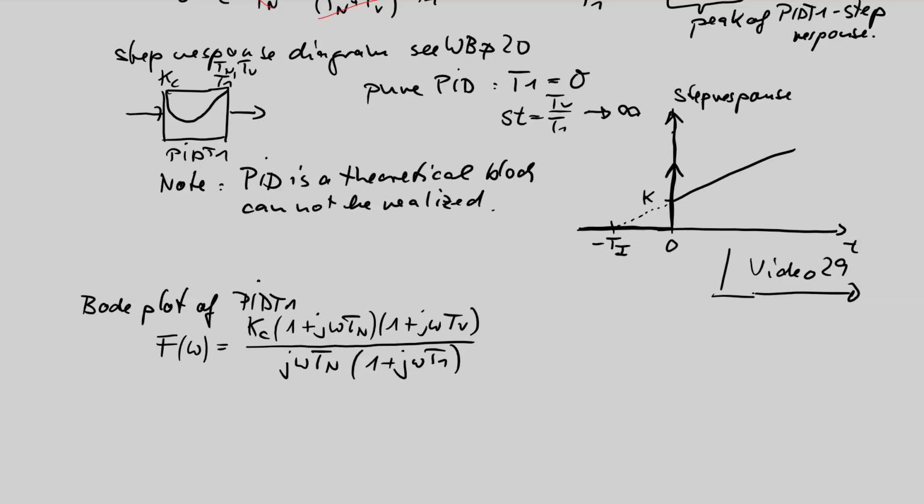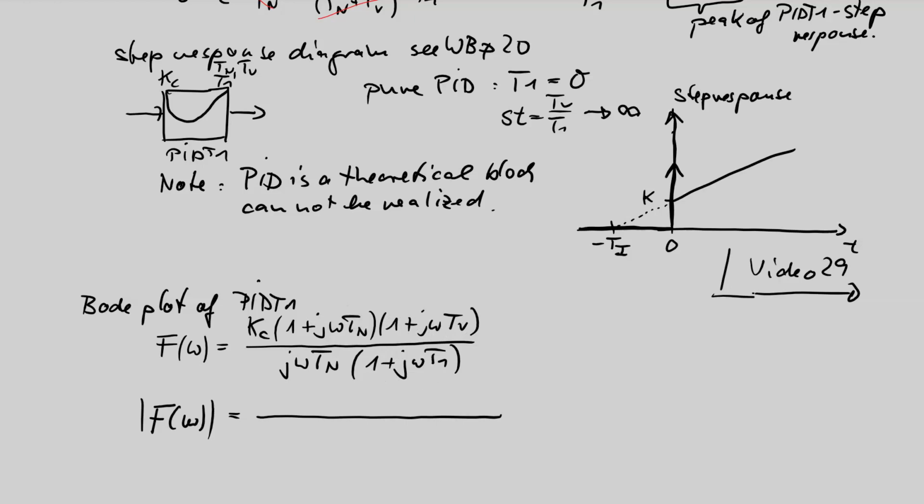And for this we can now write the expression for the magnitude of a PIDT1 block. We have a division line, and we use the relation that the magnitude of this type is the product of the magnitudes of the single parts.